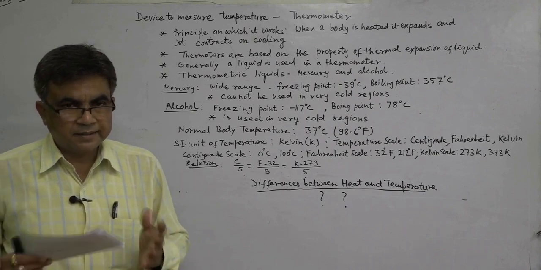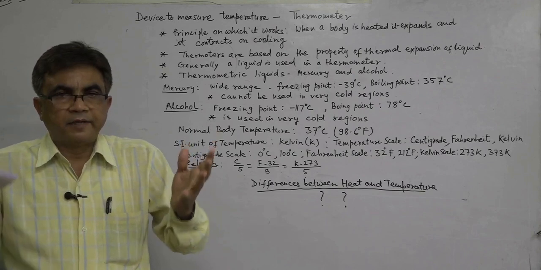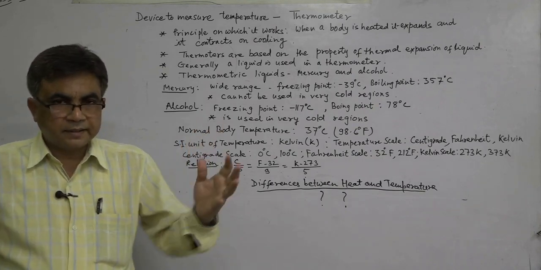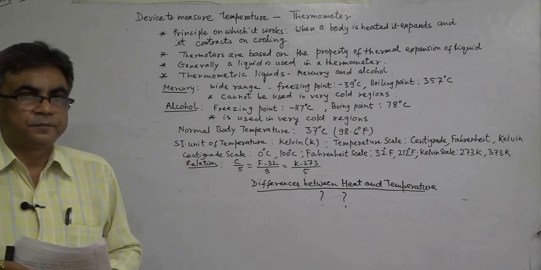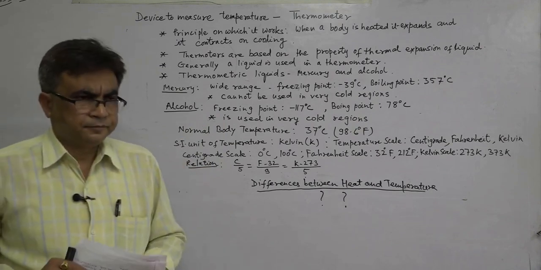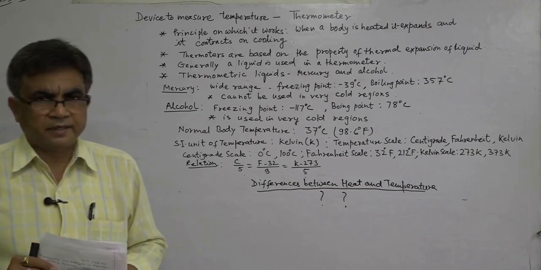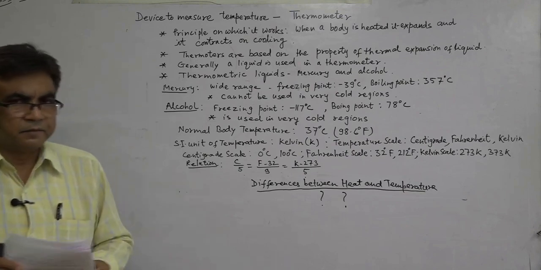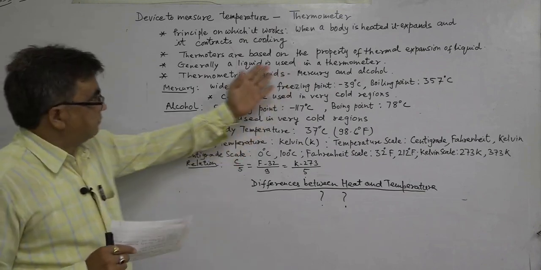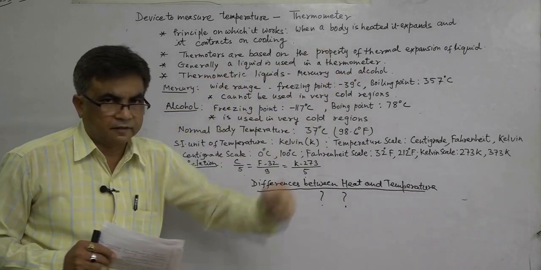So the principle is that whenever a body is heated it expands, and whenever it is cooled it contracts. Thermometer works on that principle, and especially liquid thermometers are used. I have written here, thermometers are based on the property of thermal expansion of liquid.